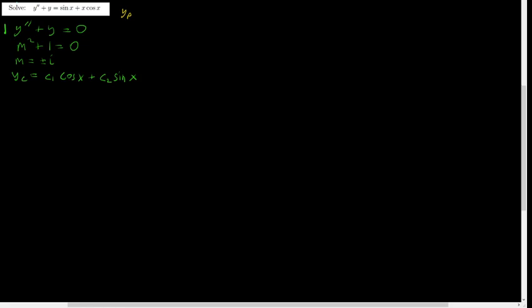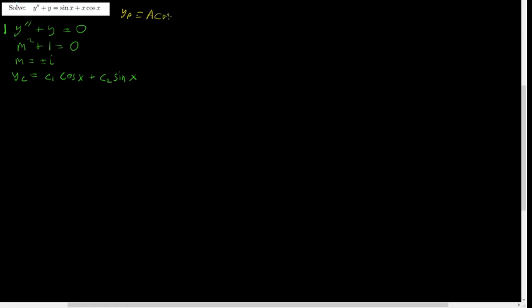Your particular solution here is going to contain sine and cosine functions, right? So this could be a little tricky. Ordinarily, what would we guess? If we knew nothing about the complementary solution, our guess would have to be a sine x, although remember that's going to also involve cosine functions.